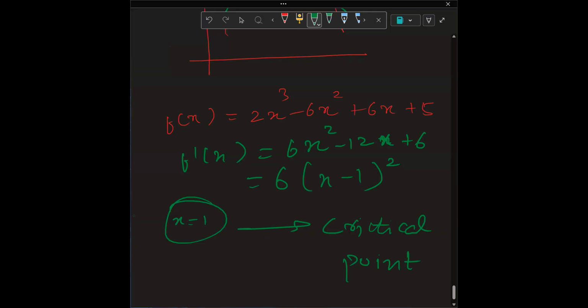All right. So now you have to observe for what values of x your derivative is greater than 0. Check.